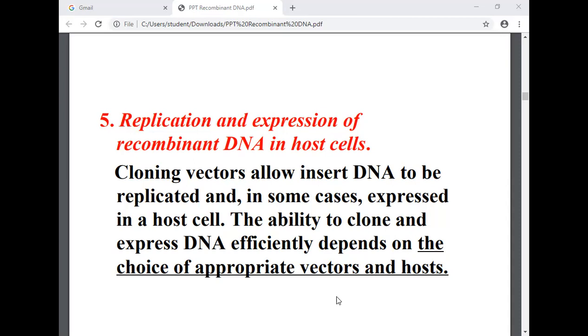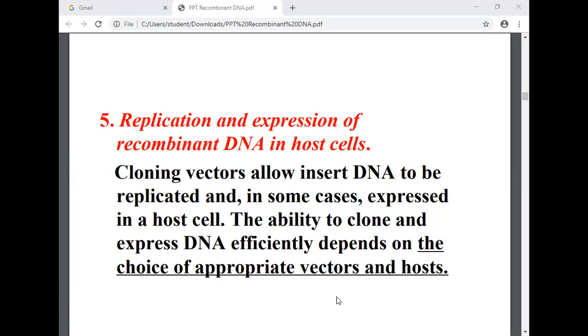If we use some vectors or host which take lots of time and lots of equipment is required to study them at different levels of these replications, it may be difficult for us to identify all these steps and then to identify the cloned copy of DNA.